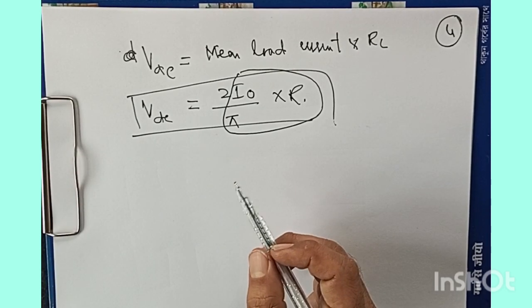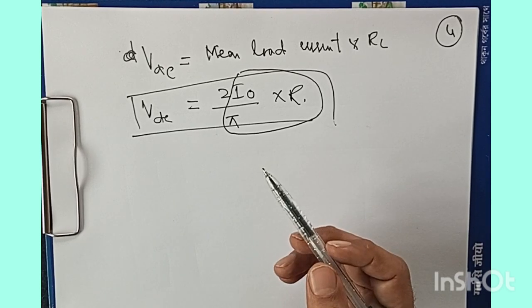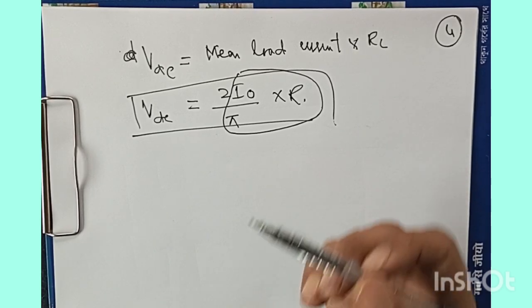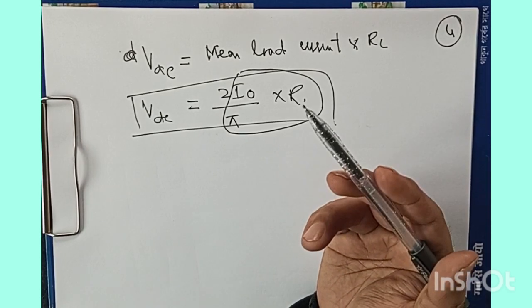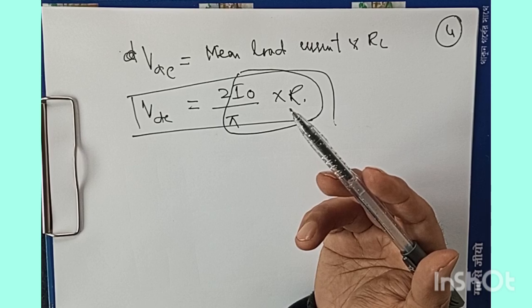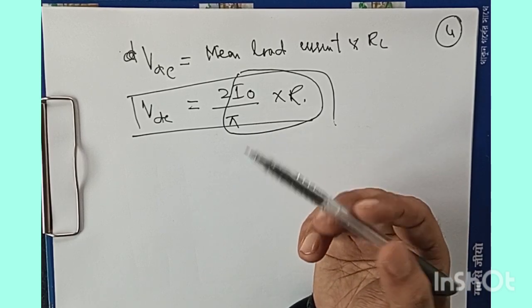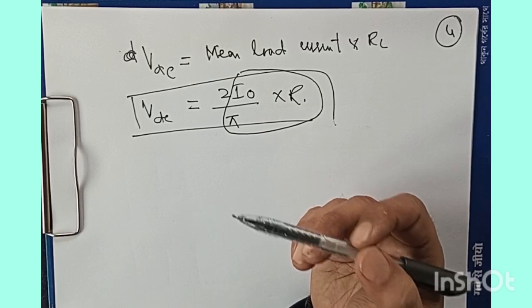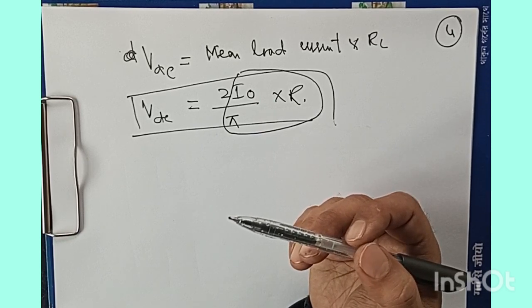And one point must be noted here: the frequency of the load current is equal to the frequency of the input supply for the half-wave rectifier. On the other hand, the frequency of the load current is twice the frequency of the input supply for the full wave rectifier.